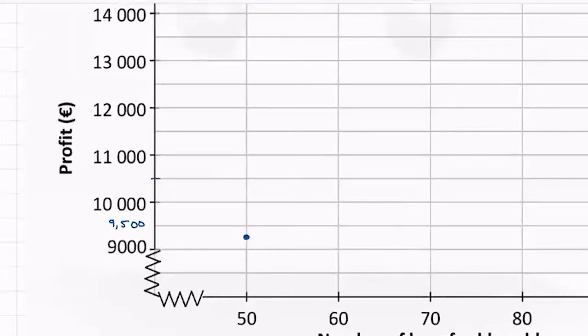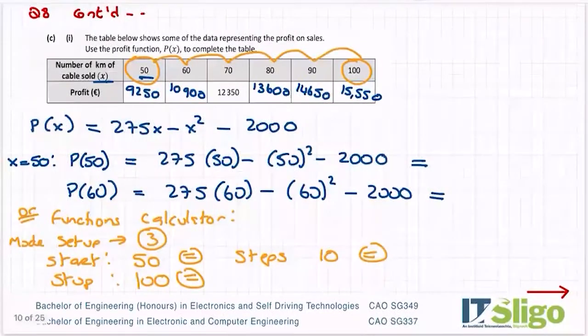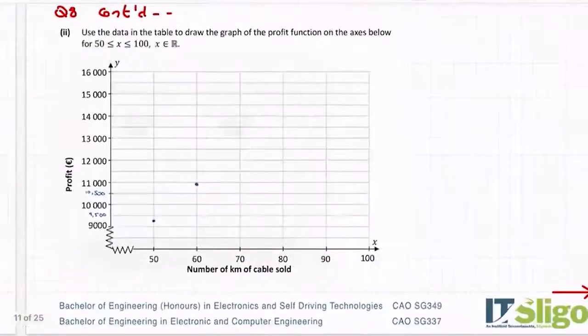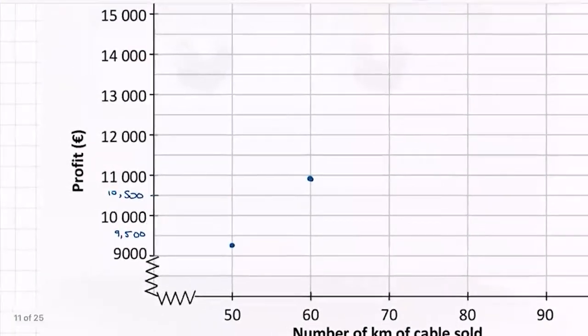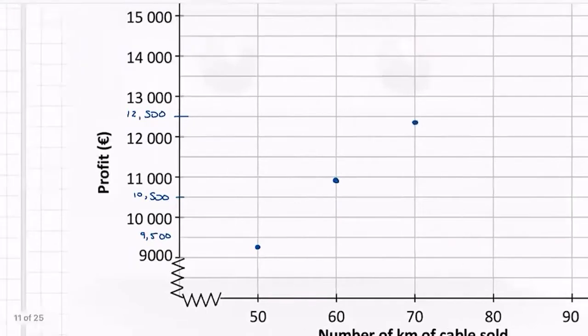So that's 10,500. So 900 is up nearly at 11. So somewhere up there. At 70, it was 12,350. So that's 12,500. So 12,350 is before that. So somewhere there.